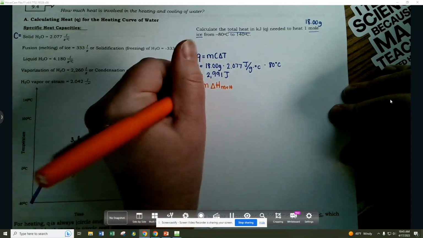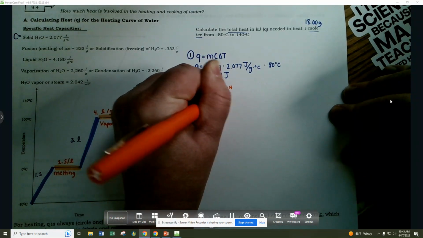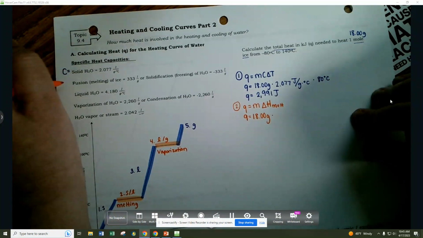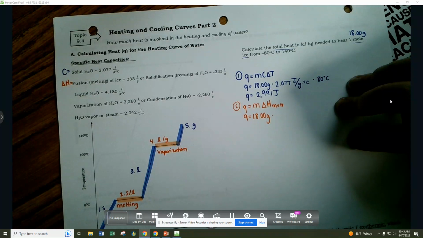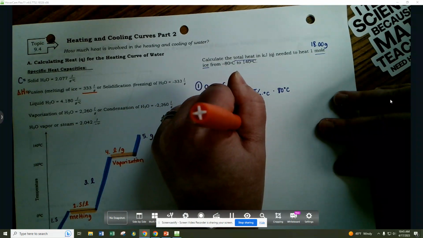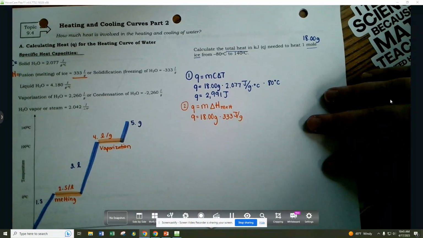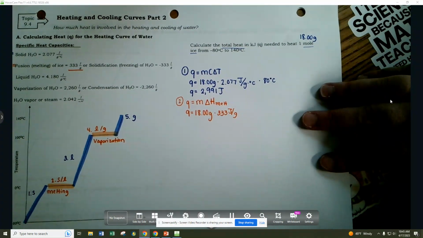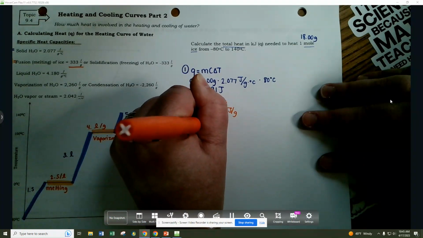So we go ahead and plug in 18 grams, and again, we're melting, so this is the delta H that we're going to use, 333 joules per gram. That's pretty easy with just multiplying, and then grams are going to cancel here, so we get that Q is equal to 5994.